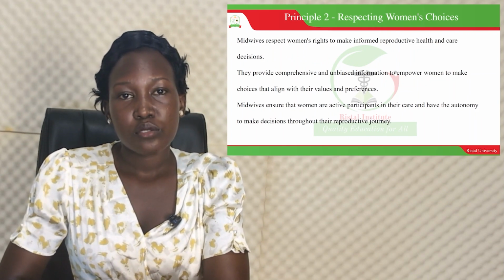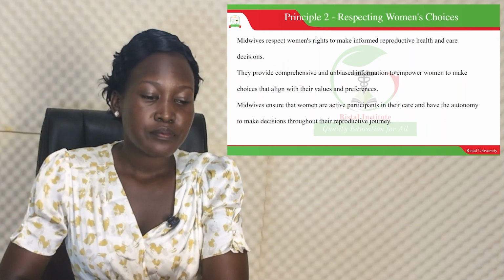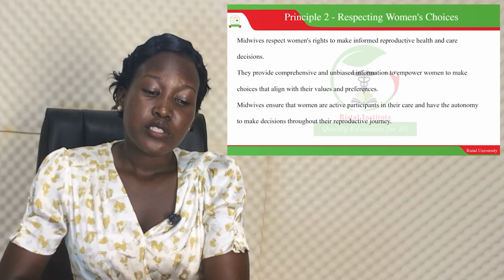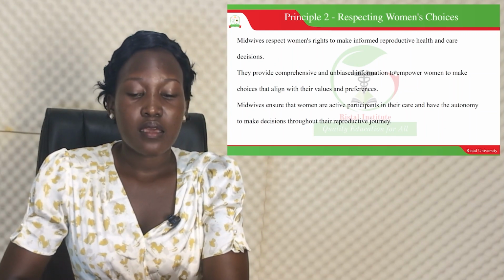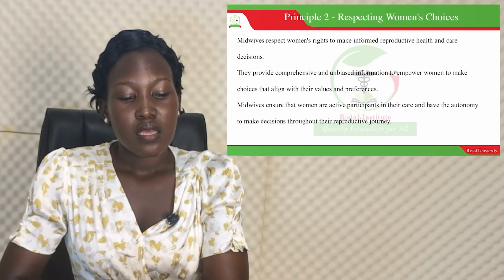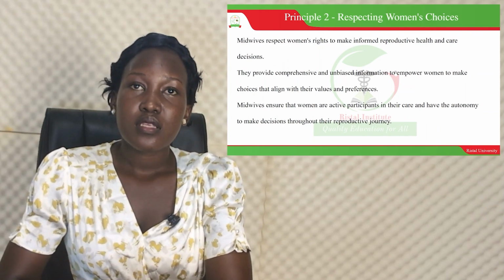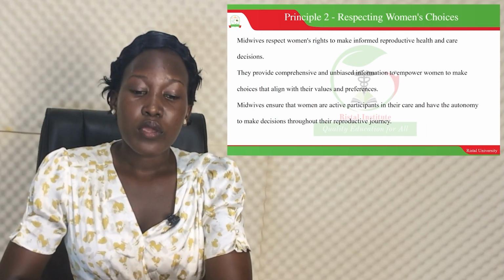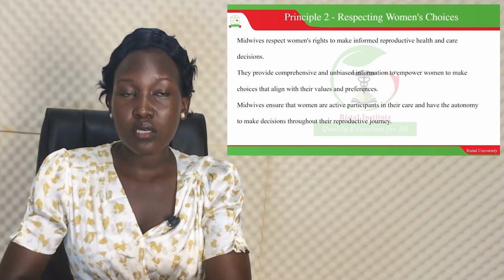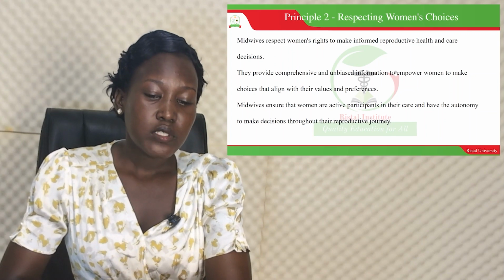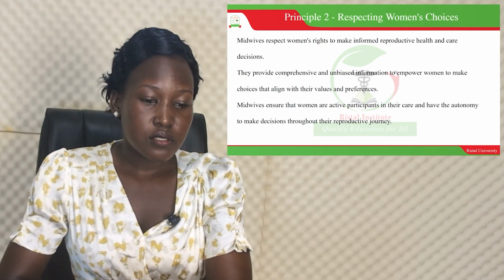So principle number 2 tells us about respecting women's choice. Midwives respect women's rights to make informed reproductive health and care decisions. So we are not going to decide for these women. The only thing we shall do is to make sure we give them the necessary information and allow them to make their own choices. So that is what we call informed reproductive health and care decision.